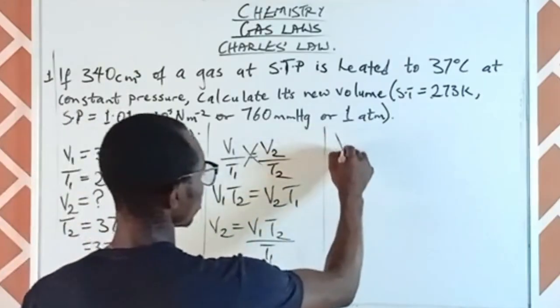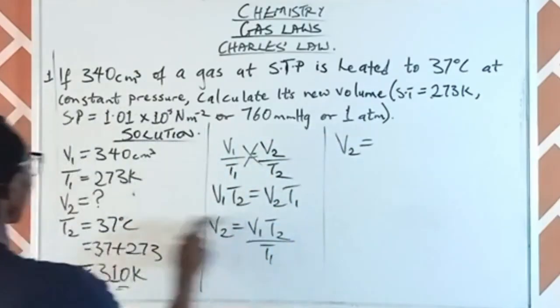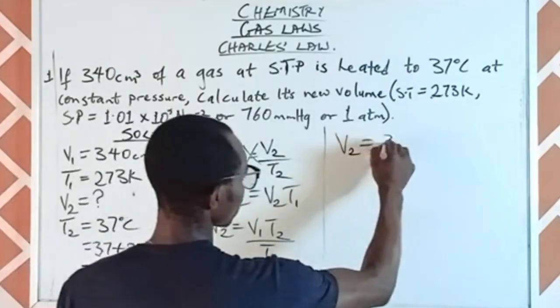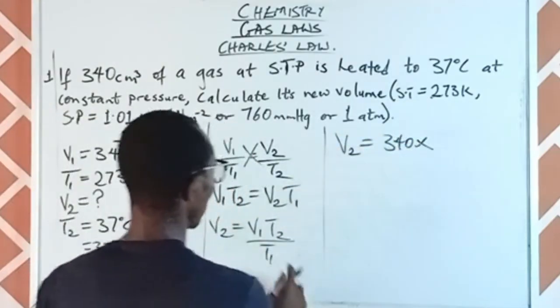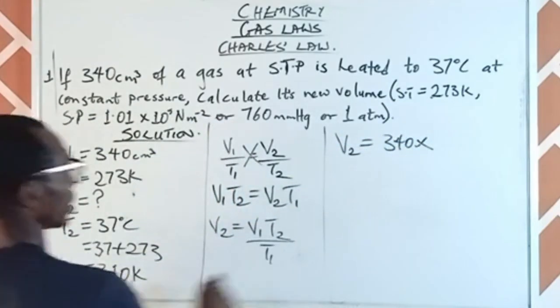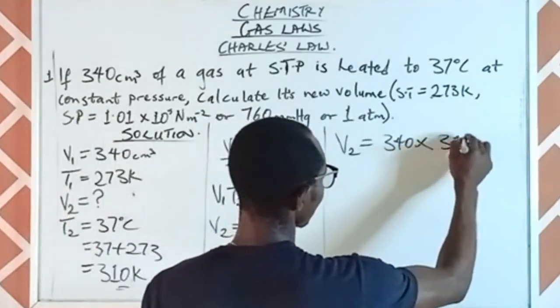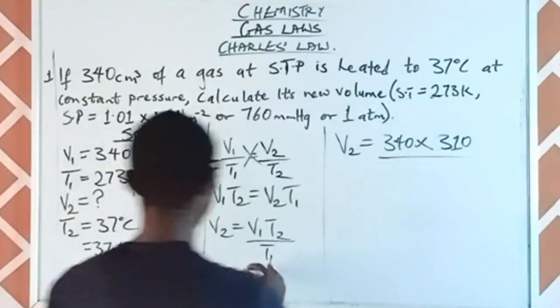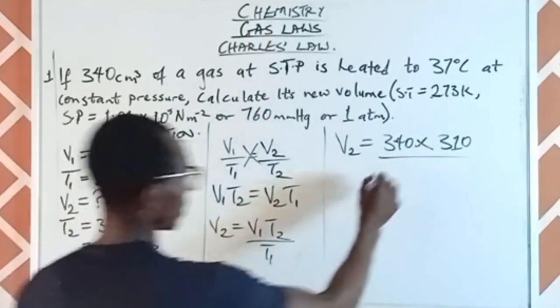So we have V2 to be equal to, our V1 is 340 multiplied by our T2, which is 310, divided by our T1, which is 273.